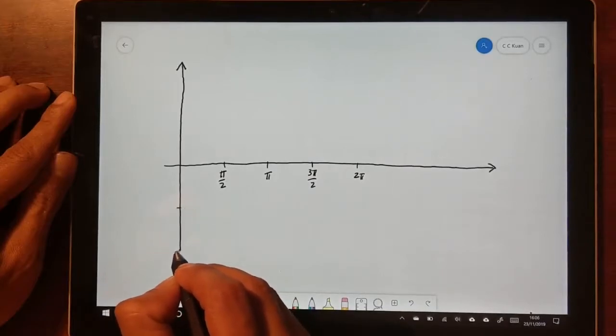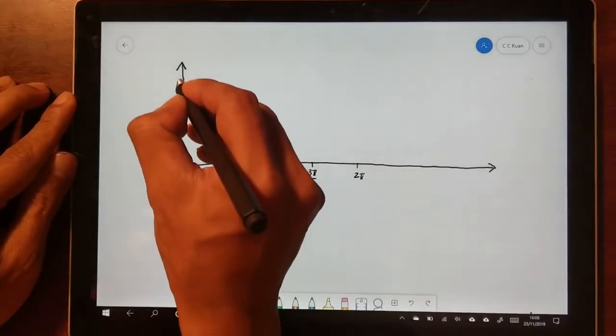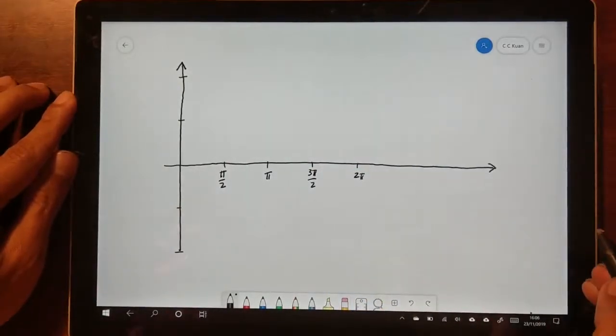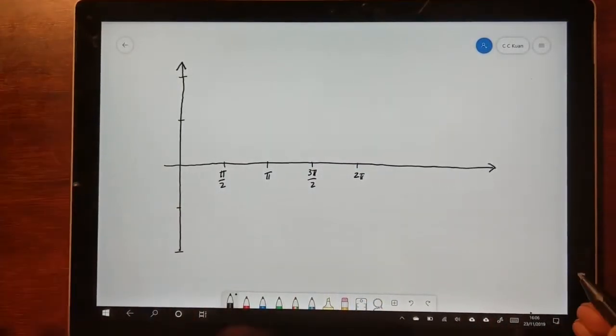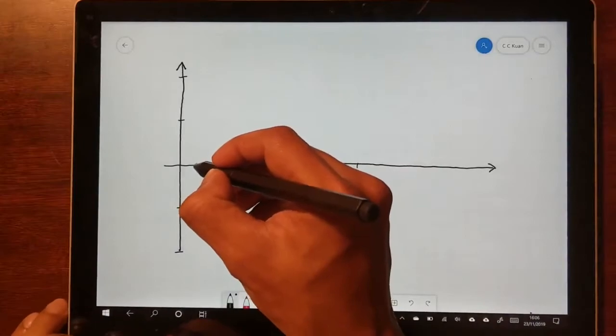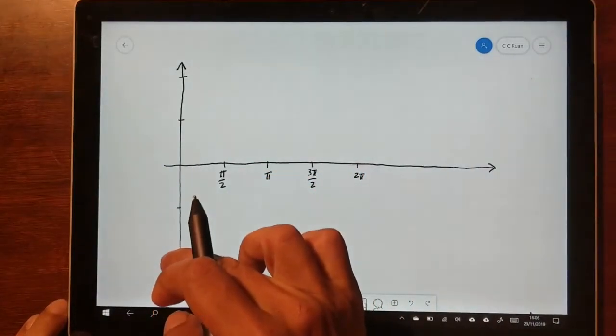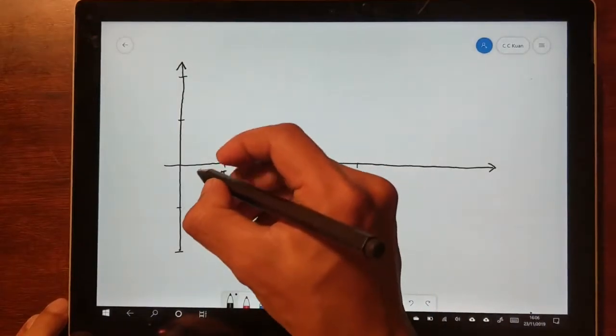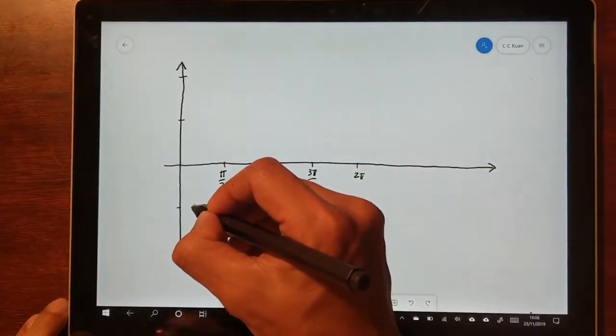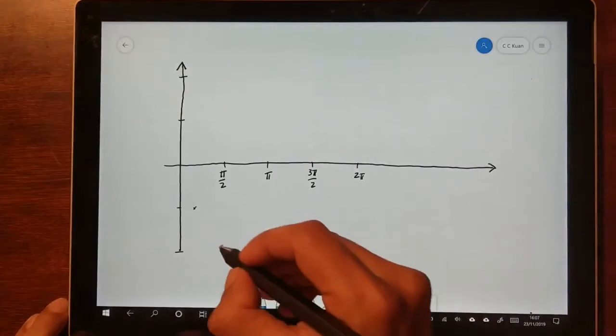Let's draw 2 points here, and we'll start by sketching sine as we know it. At 30 degrees, we know that the sine curve is half.